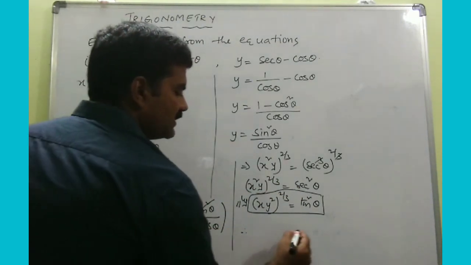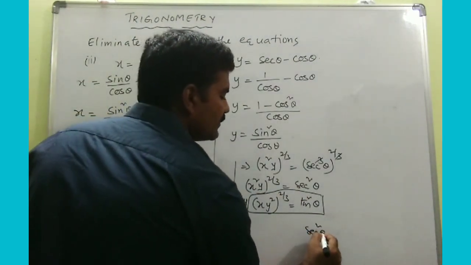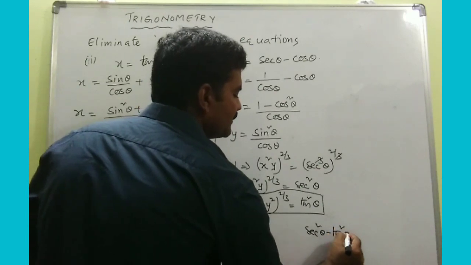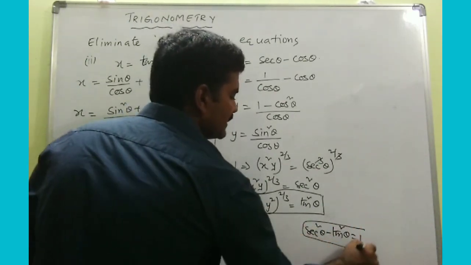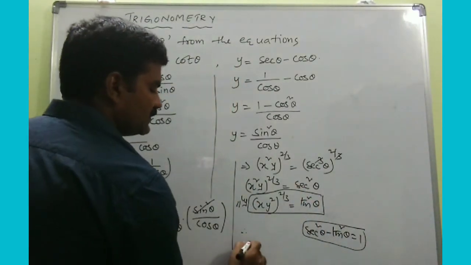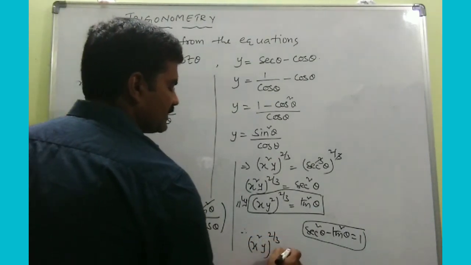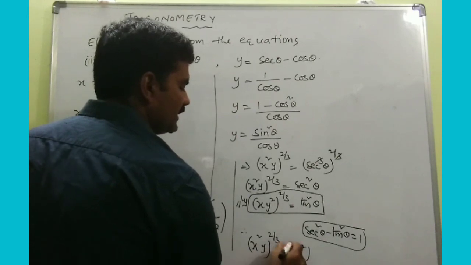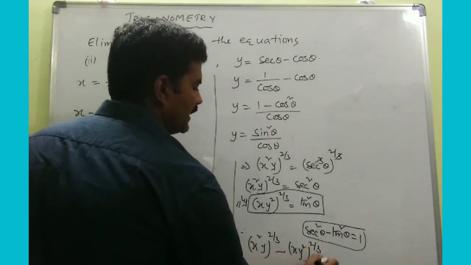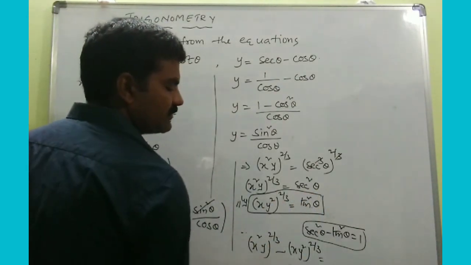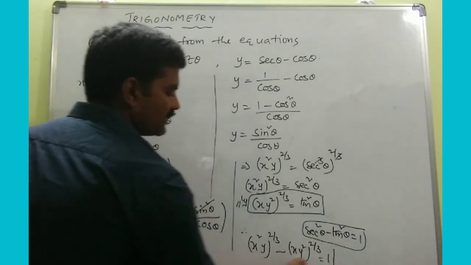Therefore we have the identity secant square theta minus tan square theta is equal to 1. Isn't it? Hence let us subtract these two. Therefore x square into y whole power 2 by 3 minus x into y square whole power 2 by 3, I mean secant square theta minus tan square theta, is equal to 1.